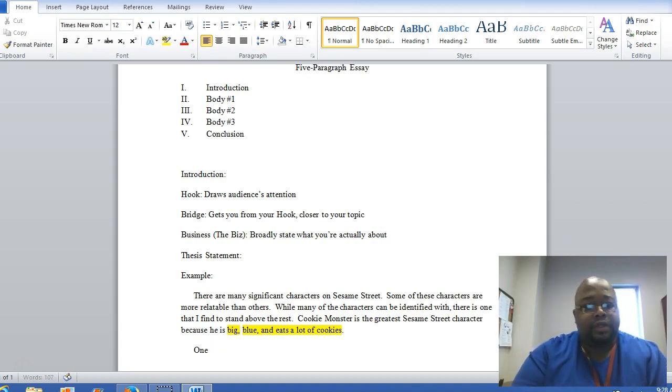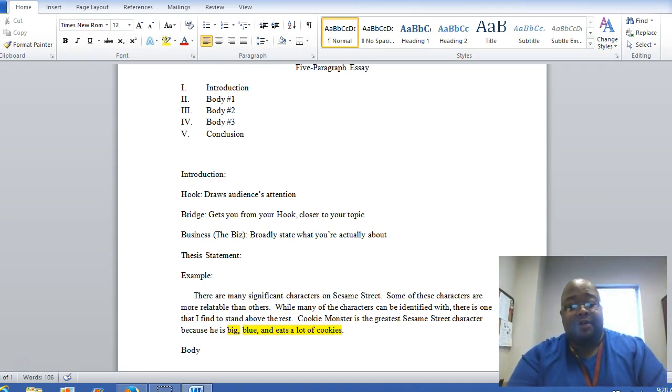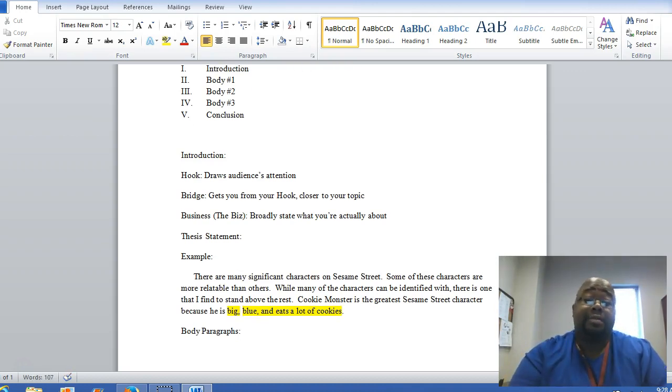So let's do this. Let's talk about the parts of body paragraphs first. The elements that your body paragraphs need to include are the following. First of all, you need a topic sentence. And in case you're unaware of what a topic sentence is, this is where you tell the reader what the paragraph is about.